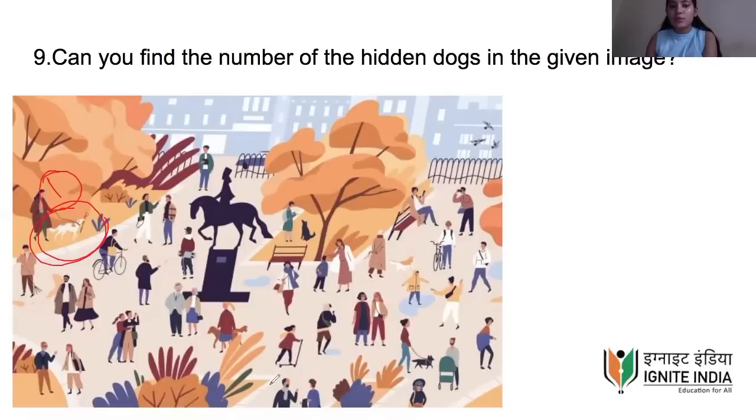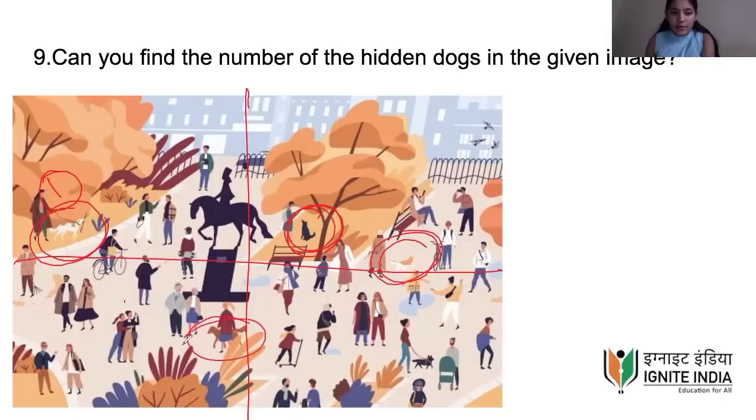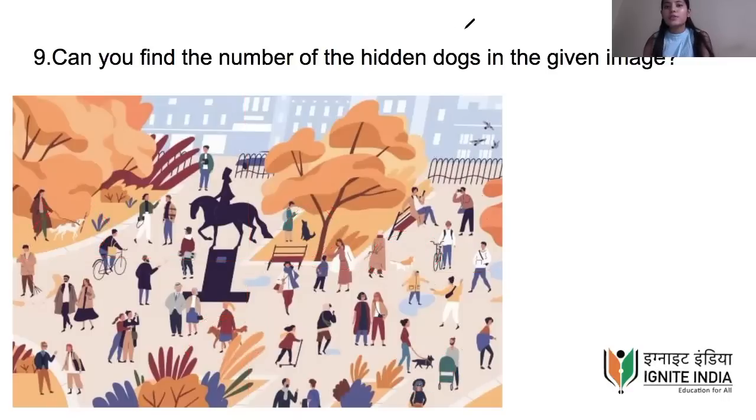If you divide it into 4 parts maybe, then try to see if there's a dog in each. Yes, it's here. Second, I can see a third one here, and I see a fourth one here, and I see a fifth one here. Anywhere else do we see it? There are birds, there is this. Yeah, so the answer for this question is 5 dogs.